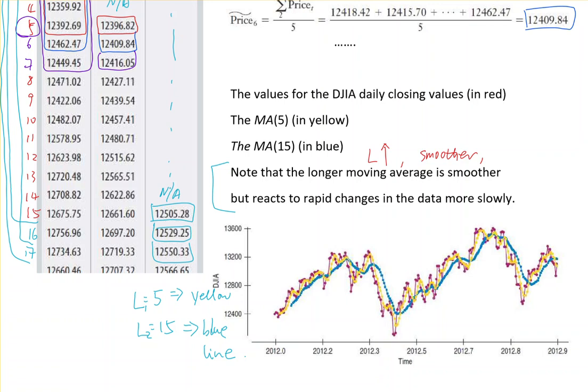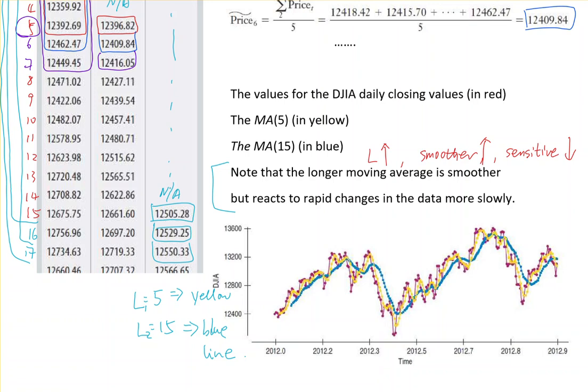Each point doesn't contribute as much as in the average of 5. So when L is increasing, the time series will be smoother, and the sensitivity will decrease.